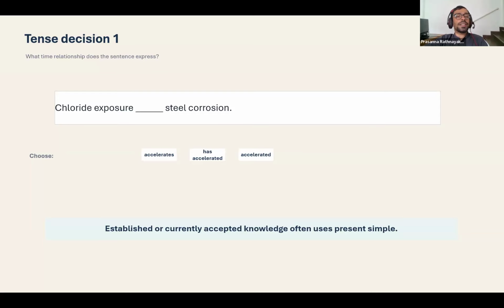Choose between accelerates, has accelerated, or accelerated. Come on.